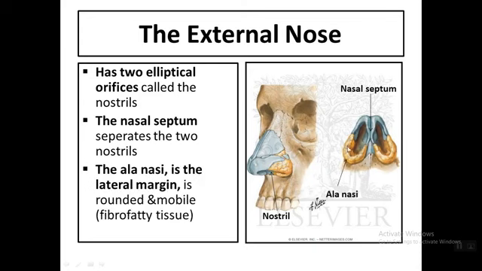The ala nasi, what we call the lateral margin, is rounded and mobile and contains fibro-fatty tissue. So the external nose has two elliptical orifices called nostrils, separated from each other by the nasal septum, and it has a rounded lateral margin that is mobile, called ala nasi.